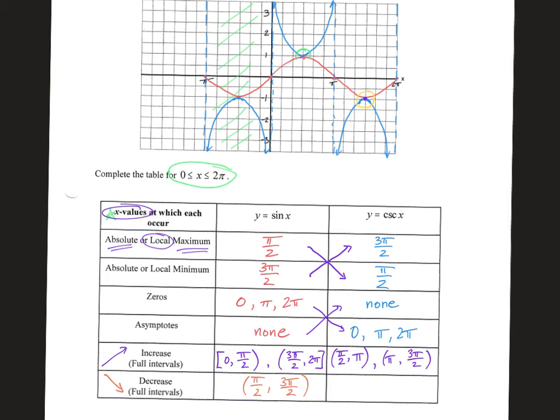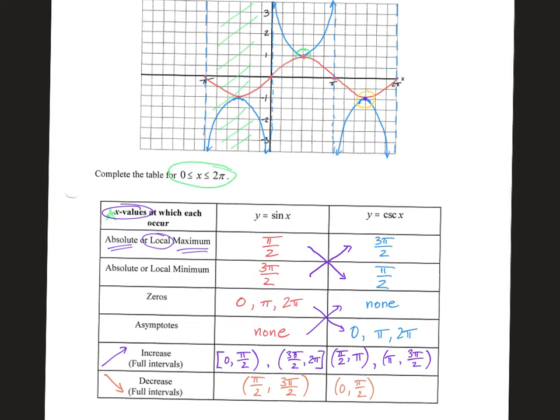Okay, when is my curve decreasing? My curve is decreasing everywhere from 0 up to that minimum, and so, from 0 up to pi by 2.